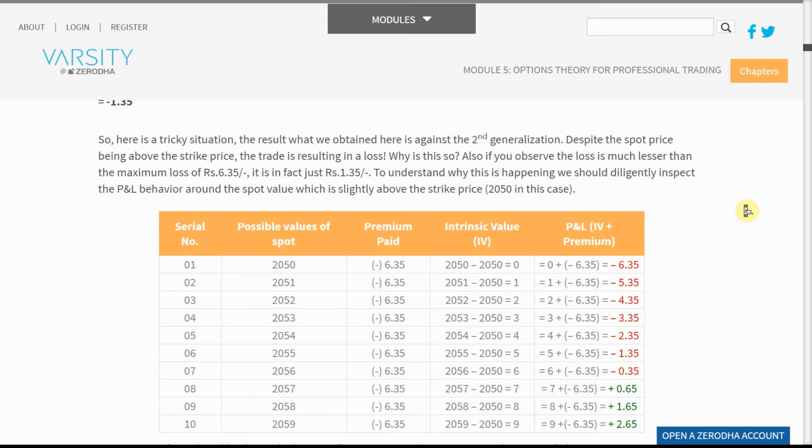To understand why this is happening, we should diligently inspect the P&L behavior around the spot value which is slightly above the strike price, 2050 in this case.